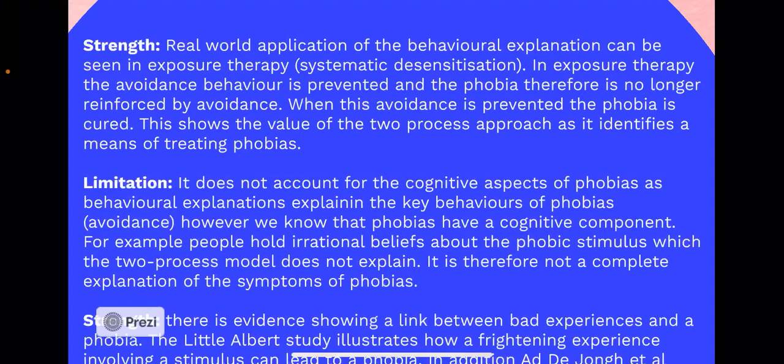This shows the value of the two-process approach as it identifies a means of treating phobias. Also, with regards to systematic desensitisation, we're using counter-conditioning there, so we're using this idea of classical conditioning to counter-condition an individual's phobic behaviour. So a good thing about this behavioural explanation is we can apply it to the real world and we can use it to treat individuals.